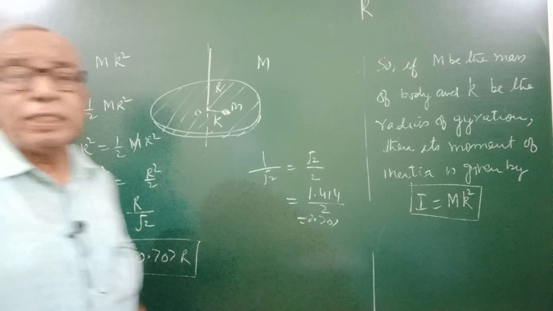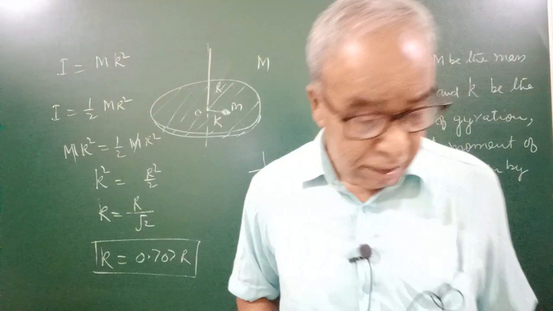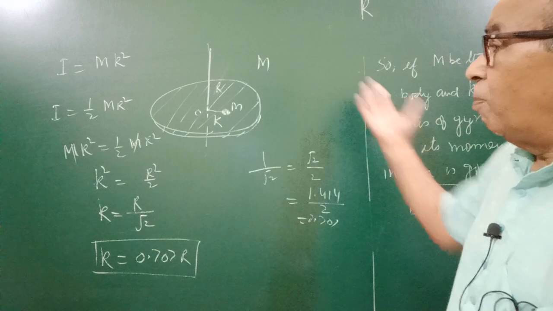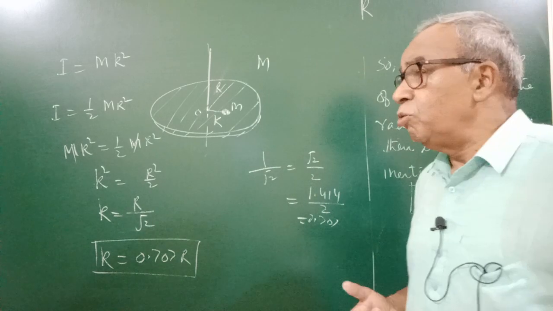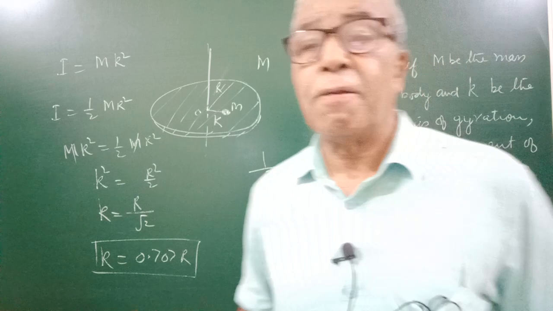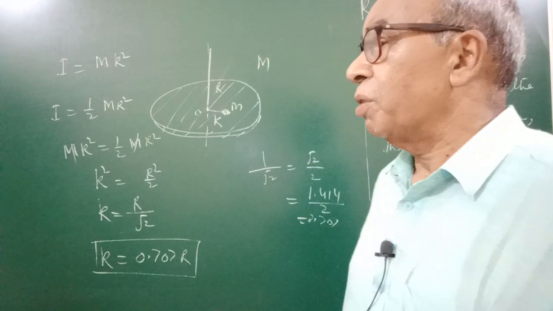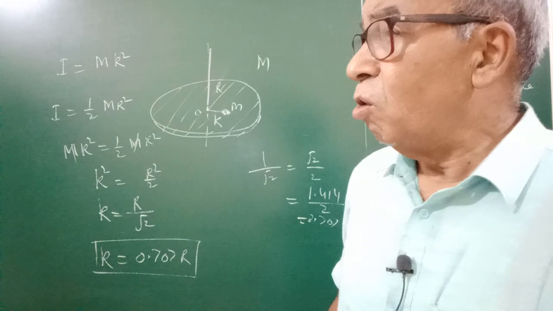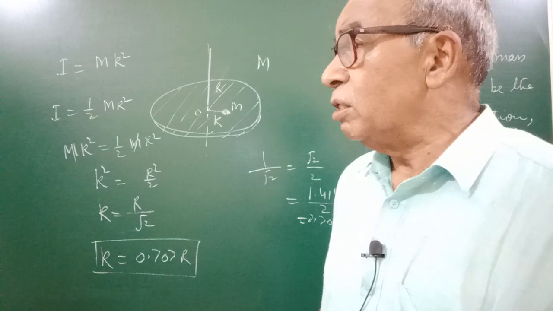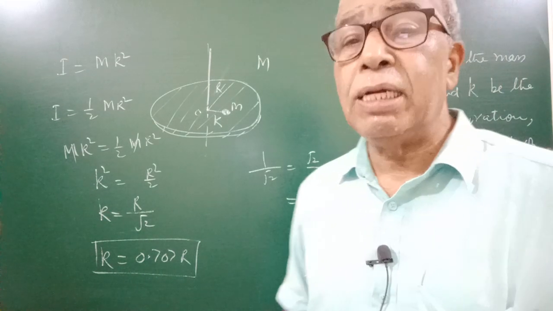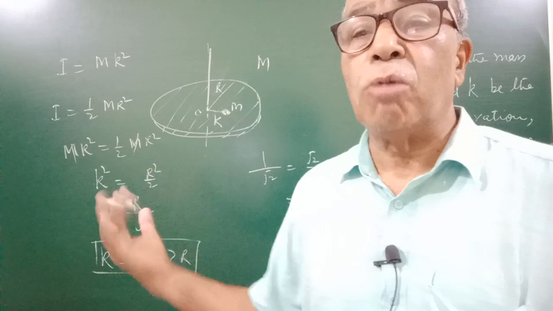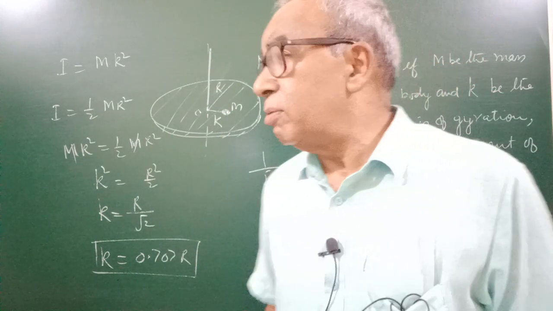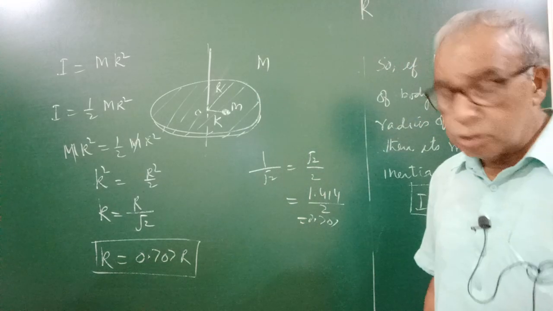Actually, the moment of inertia of any body will depend upon the mass distribution, shape and size of the body, and on the radial distance of the point where we suppose the whole mass to be concentrated, so that the moment of inertia of the body about that axis of rotation is the same as with the actual mass distribution.